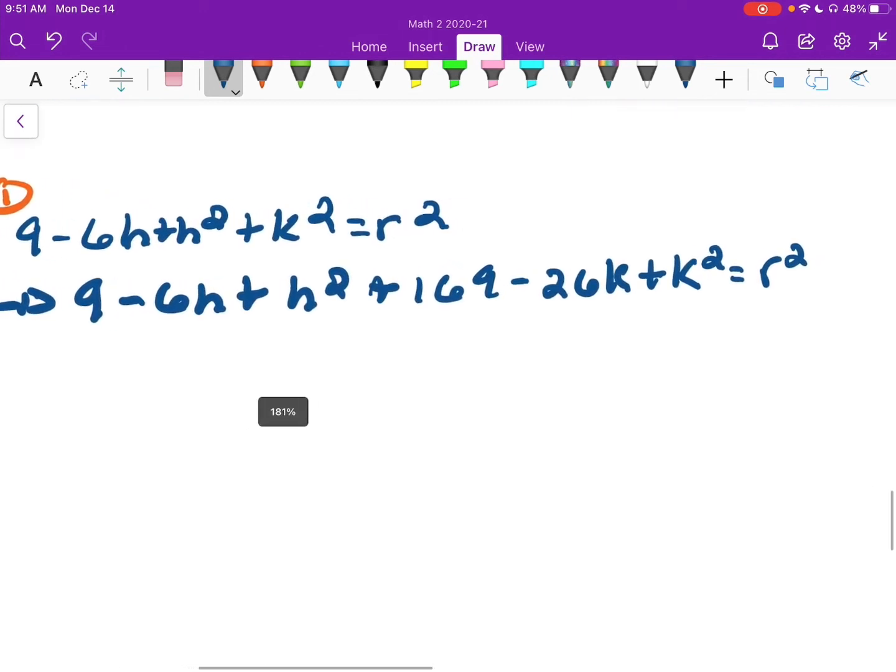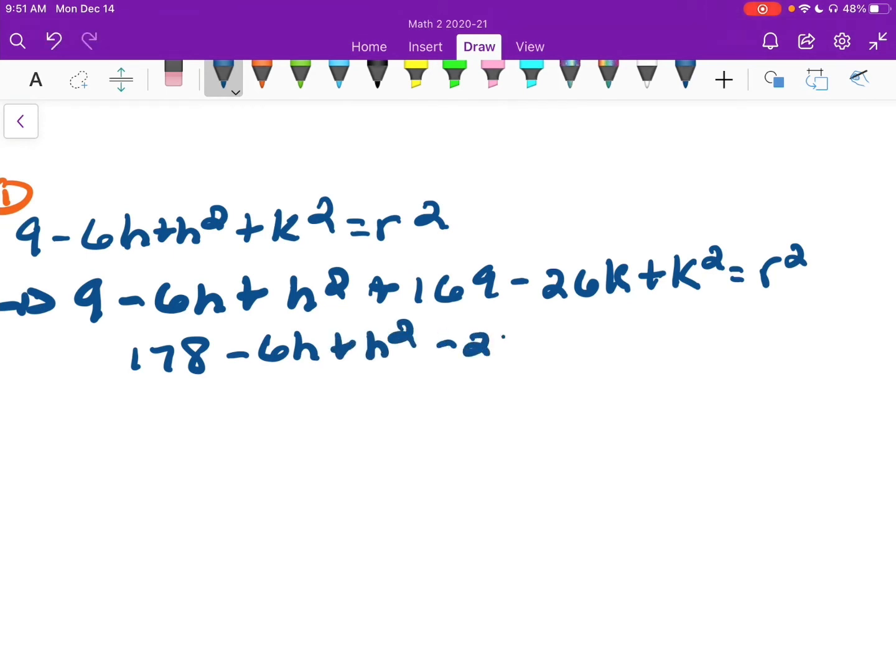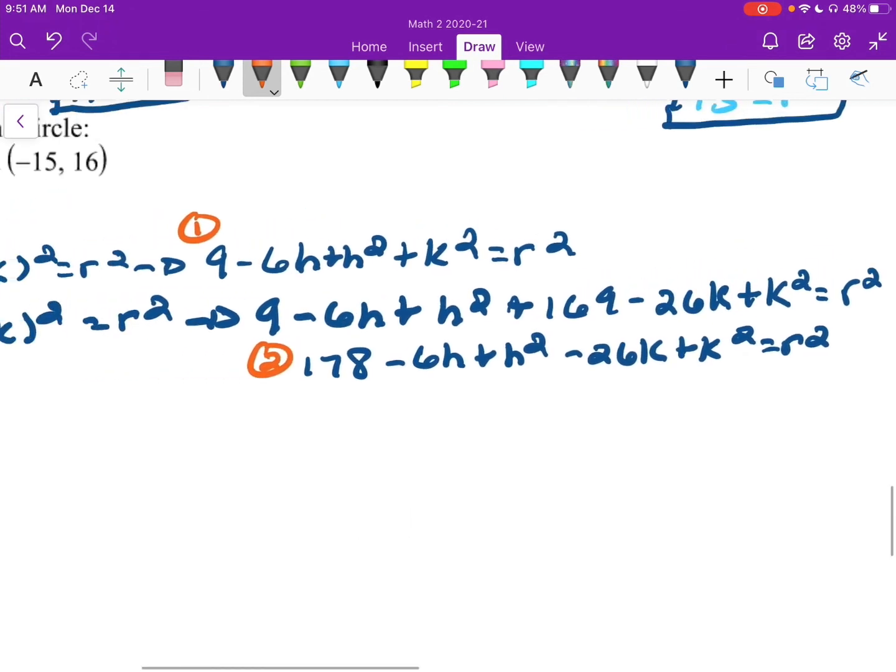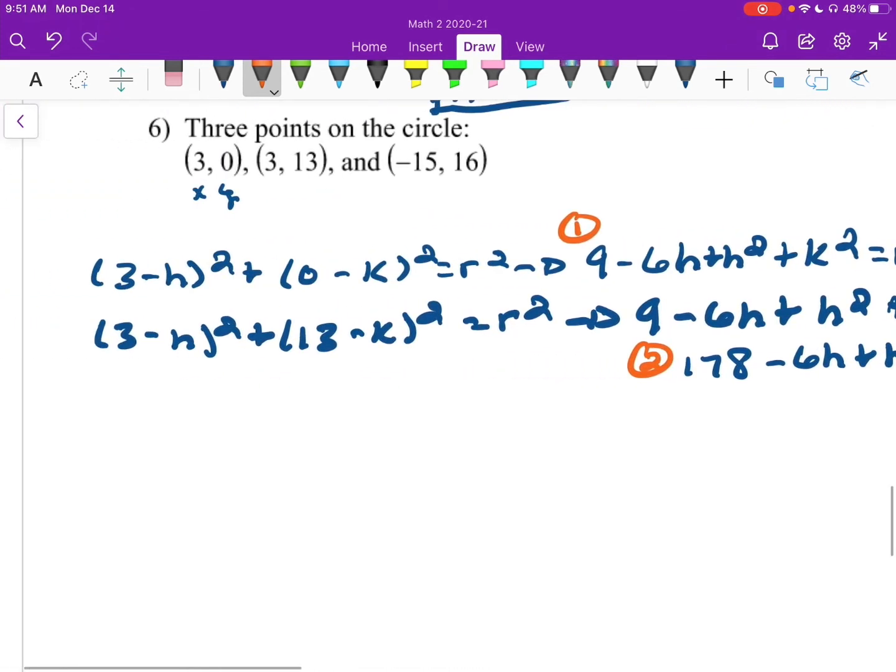We can make this just a little bit prettier by taking our 169 and our 9 together, which will be 178 minus 6h plus h squared minus 26k plus k squared equals r squared. Here's going to be equation number 2. And now we need equation number 3.